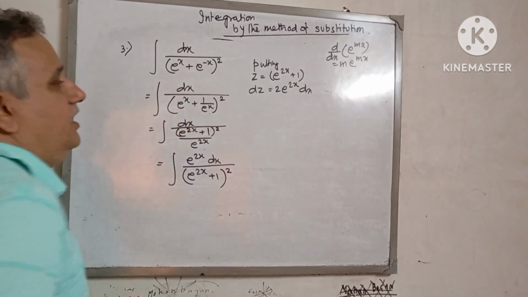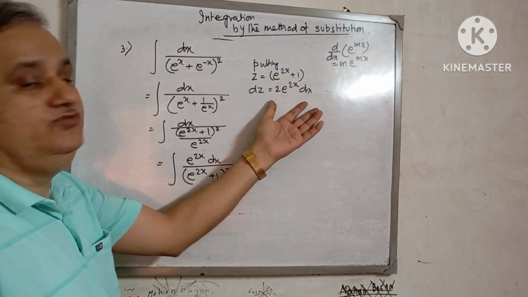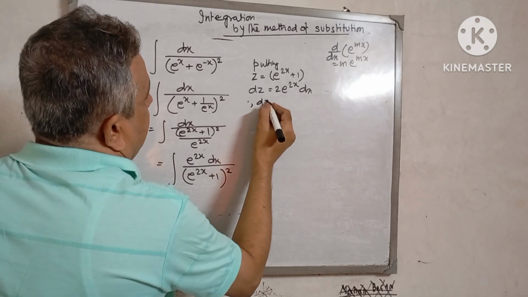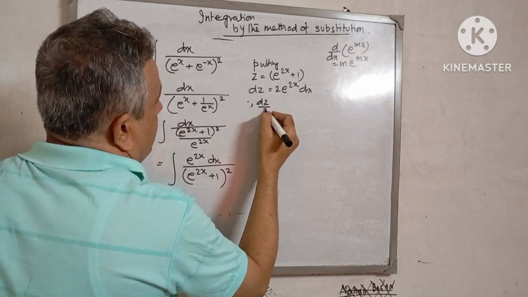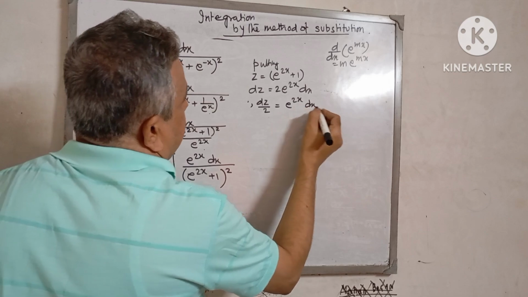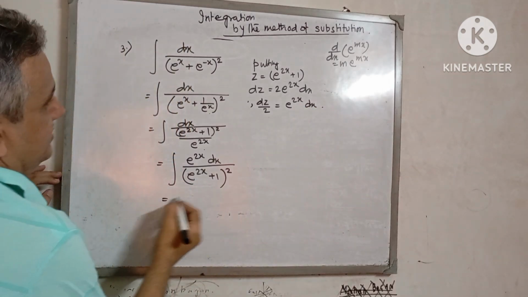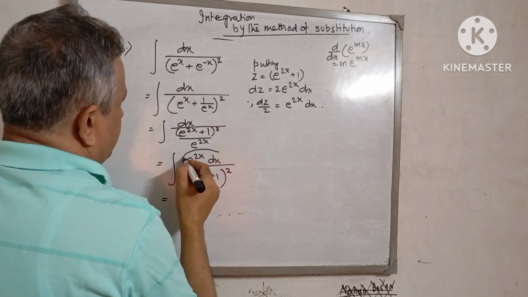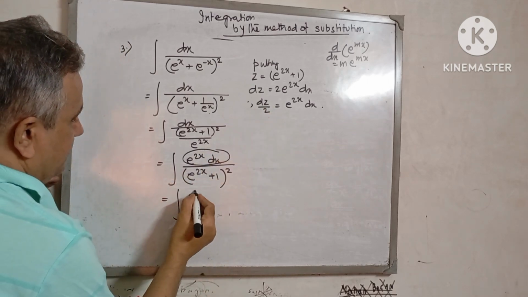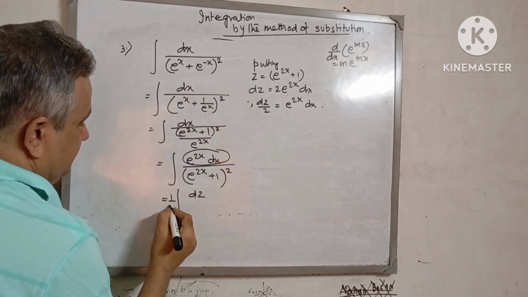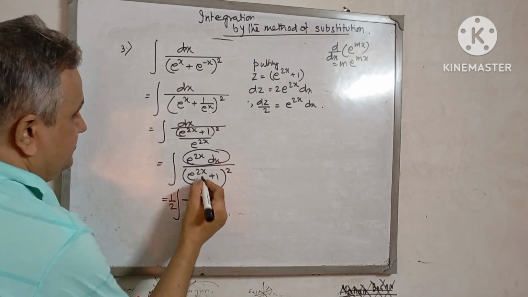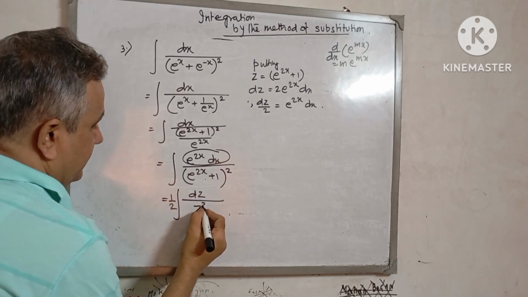By this formula we have differentiated e to the power 2x. Now dz by 2 equal to e to the power 2x dx. So in place of e to the power 2x dx, we can write dz by 2, and this is z, so z square.